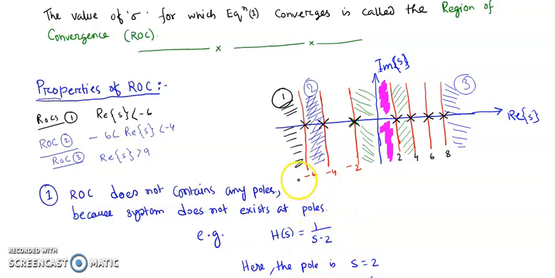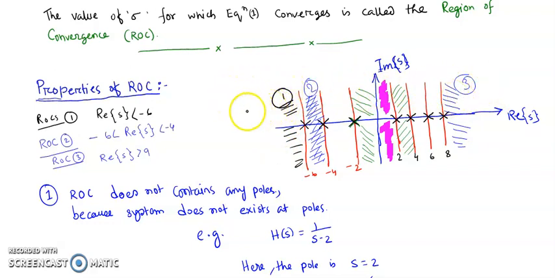When we are analyzing the region of convergence, we look at the poles. Suppose these are the poles at different points, like 2, 4, 6, 8, or minus 2, minus 4, minus 6. So 1, 2, 3, these three regions that I have indicated here.